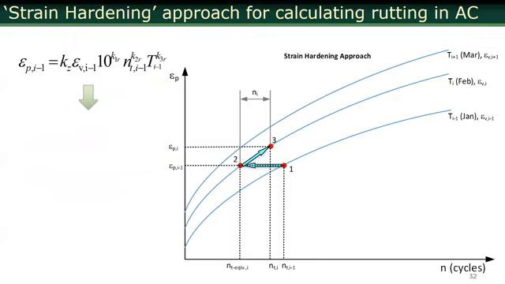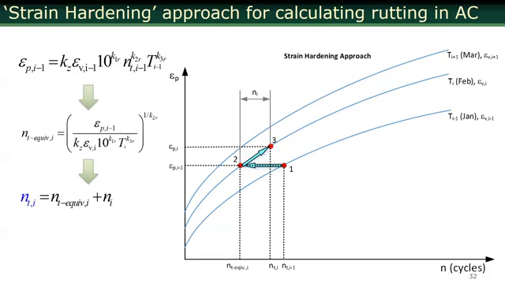For another temperature, the curve would look like this, and for another temperature like this. It finds the corresponding plastic strain and the corresponding number of cycles for curve number 2, then rearranges this equation to find N equivalent for this temperature, travels on this curve, and repeats the whole procedure over and over again. So it really goes in this zigzag type of method to calculate rutting with time.